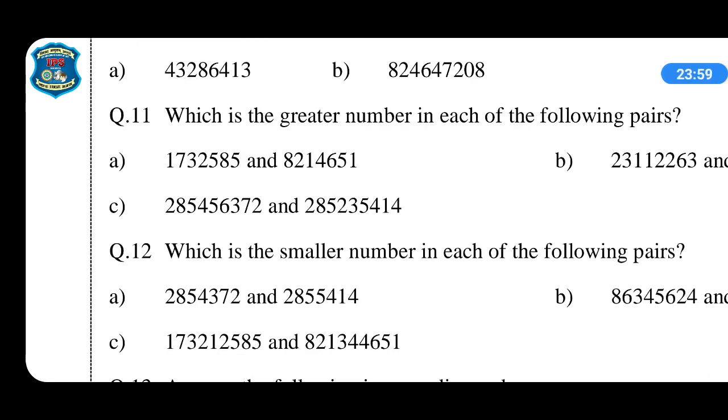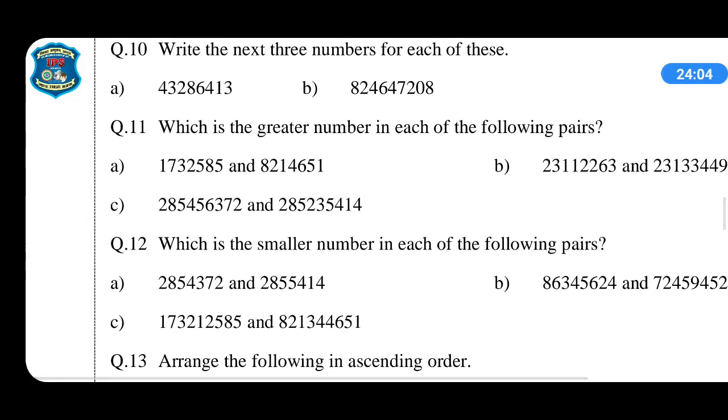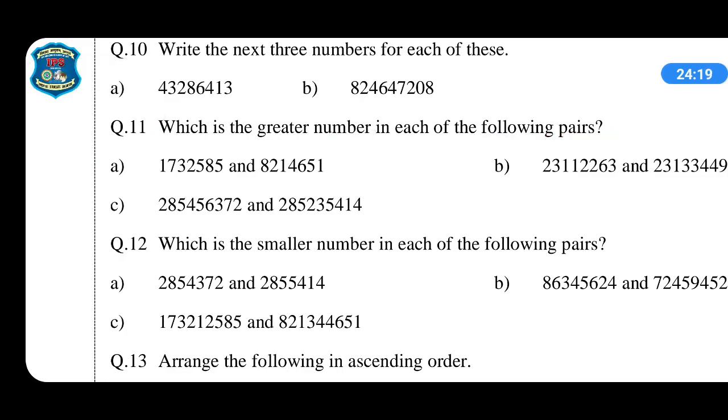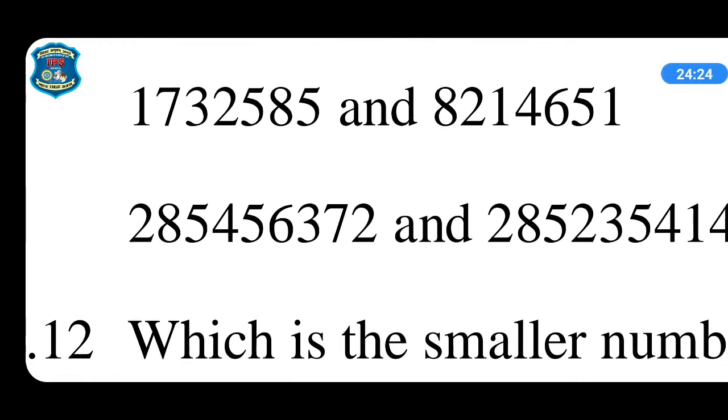Now question number 11. See, the question number 11 is, which is the greater number in each of the following pair? So you have to find which is greater. Now two numbers are given here and you have to compare these two numbers and write which is greater. So first have a look at the given number. First you have to read the number. So let us try to read this first number. So first put the comma. It is 17 lakh 32,585.